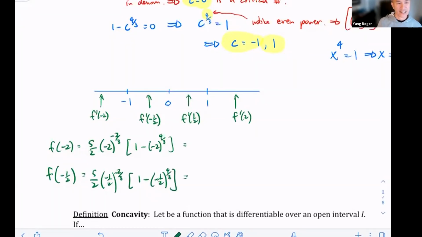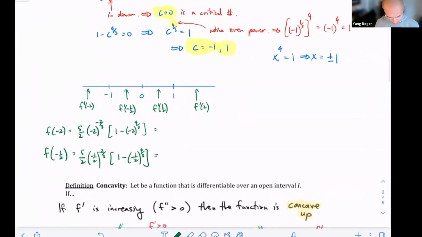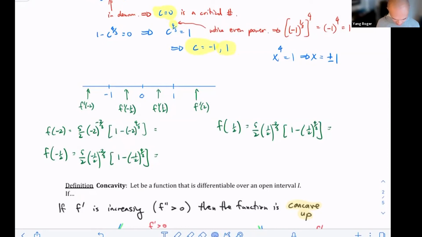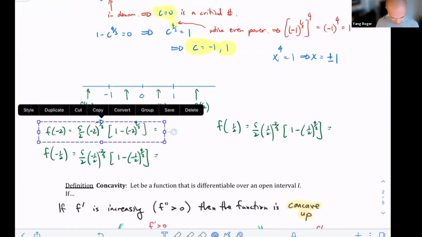All you care about is the sign. We don't care about the actual number, just whether it's positive or negative. We could do the same thing with f of 1/2 and f of 2, so let's copy this down and make all those -1/2s positive 1/2, and all those -2s positive 2s.